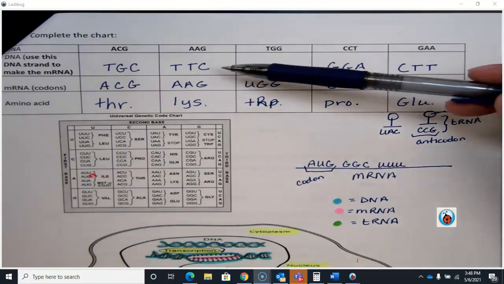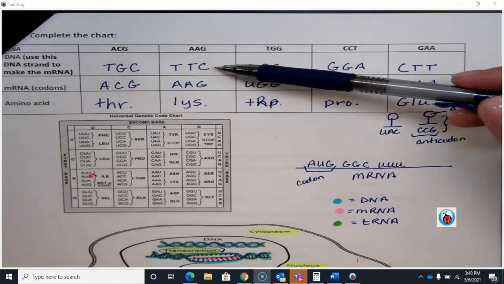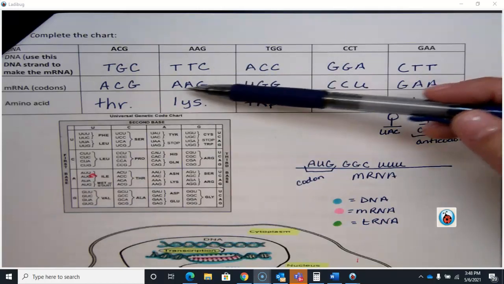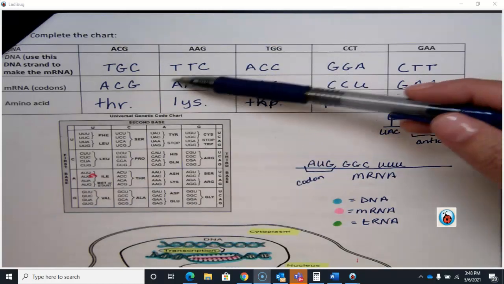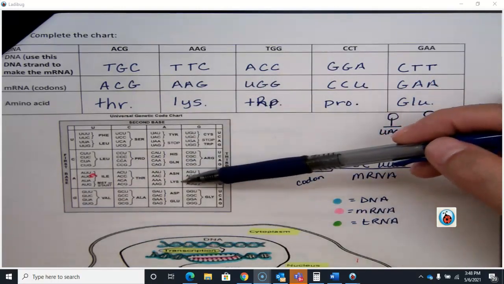So to check your work, if one side of the DNA is AAG, the other side would be TTC. Finding the mRNA would be AAG, and if you look up AAG, that brings us to the amino acid lysine.